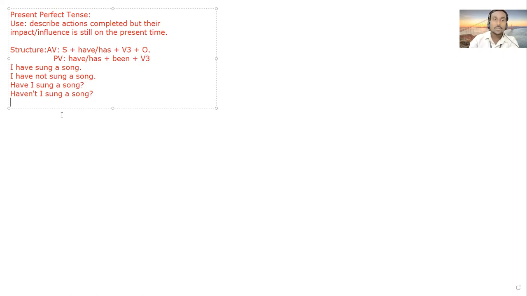So I have sung a song, how are you going to make it passive? A song have been. Is song singular or plural? Singular. So between have and has, what will you choose? Has. A song has been sung by me.